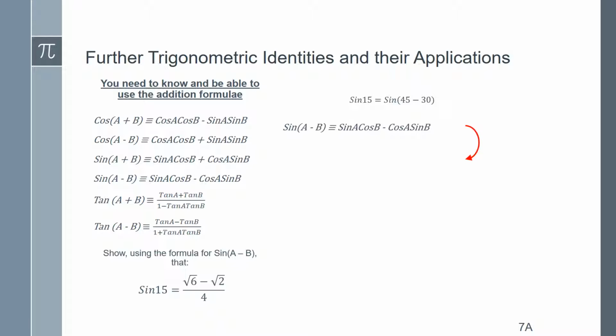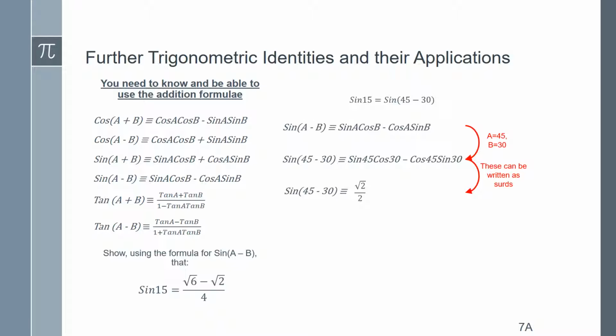So, using the addition formula, where A is 45 and B is 30, sine 45 minus 30 is sine 45 cos 30 minus cos 45 sine 30. Rewrite them as surds.